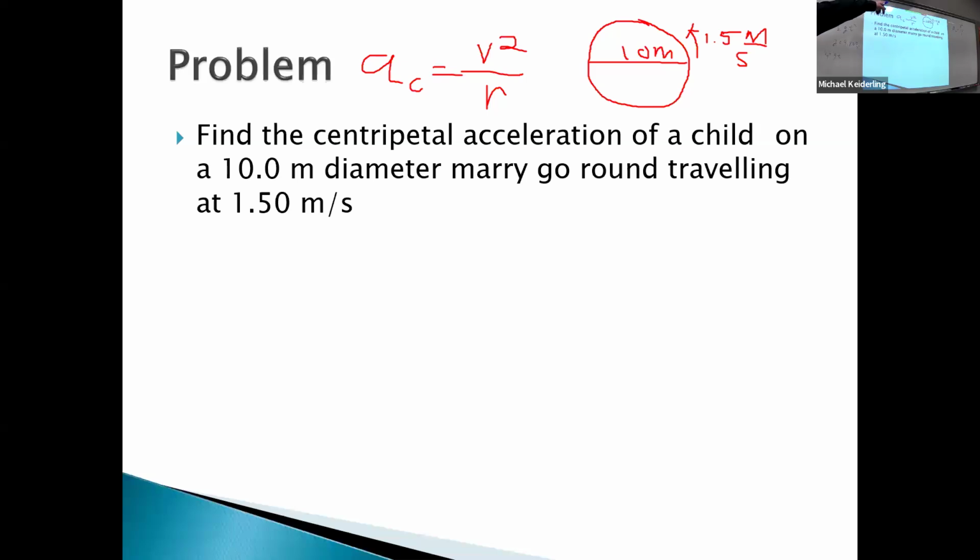And notice that it is 10 meters across. Its diameter is 10 meters. And the equation calls for radius, the distance from the center to the edge.